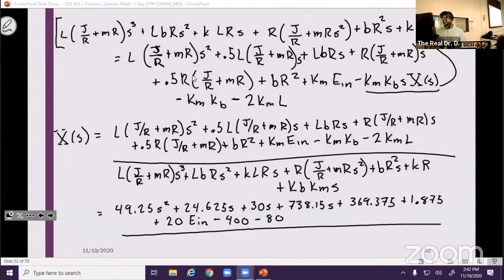All right, so far so good. Hold on, my bad. S cubed, S squared.